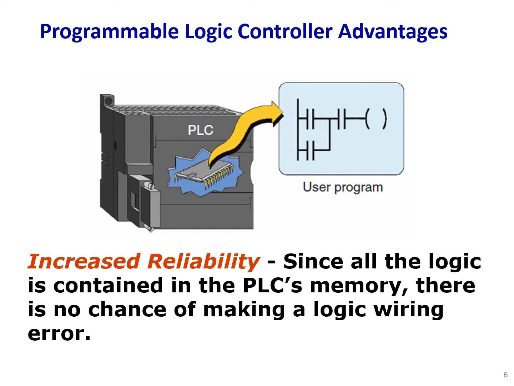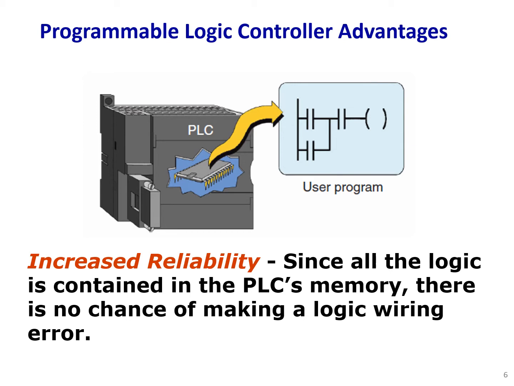One of them is increased reliability. Since all the logic is contained in the PLC's memory, there is no chance of making a logic wiring error. So if you want to have an industrial control system based on relays, we have to change the wiring to have a different logic.